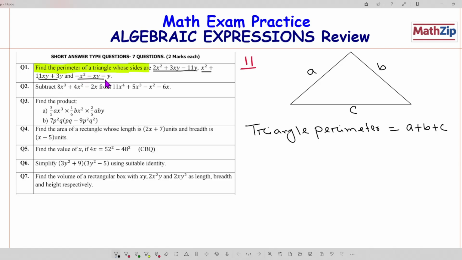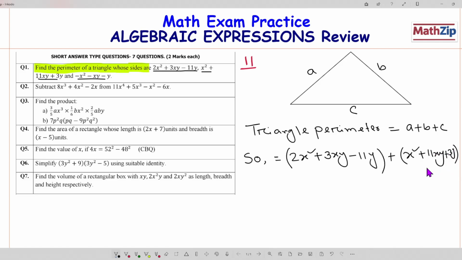We just make summation. So we can write 2x square plus 3xy minus 11y plus x square plus 11xy plus 3y, right?